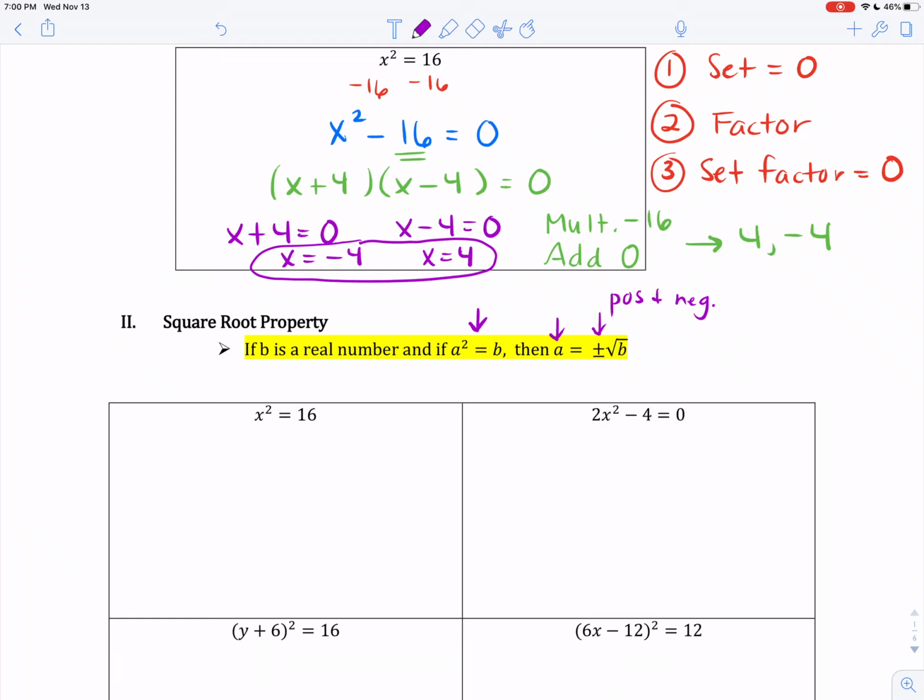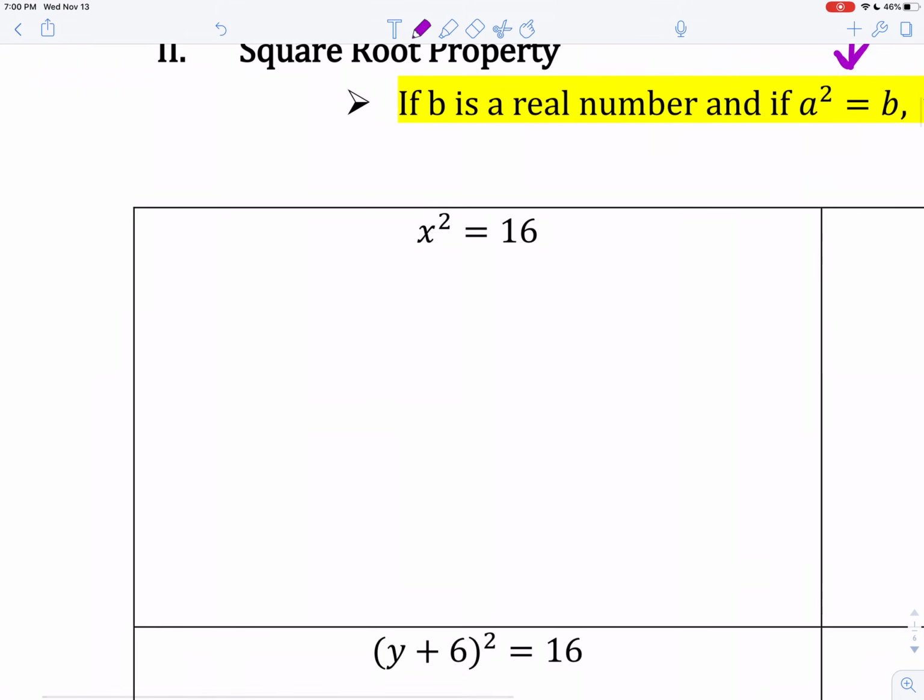So for example, if I wanted to use the square root property to solve that same equation, what I would do first is take the square root of each side. So I'm going to take the square root of x squared, and I'm going to take the square root of 16. Now again, when you take the square root of something squared, it's kind of like those two things cancel each other out.